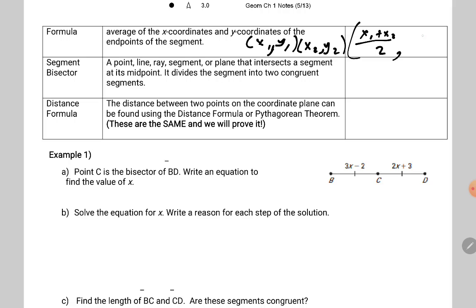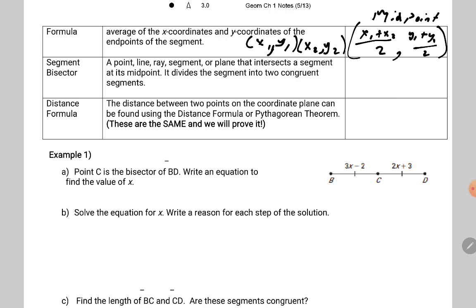So it is the average of the x's and the average of the y's. And that'll give us our midpoint. So our midpoint is always in coordinates because we're looking for the location of the midpoint.